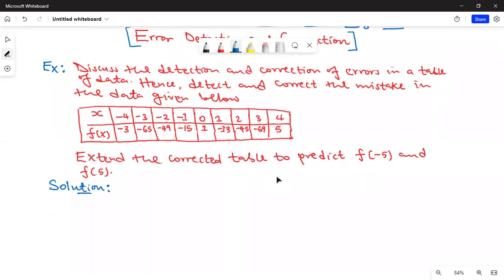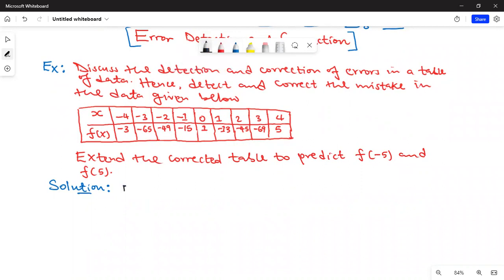So first of all, let's talk about error detection and correction. As you know, FD tables, the finite difference tables, can always be used to detect errors in any given table of data with uniformly spaced tabular points. So the requirement is that the x values must be uniformly spaced.